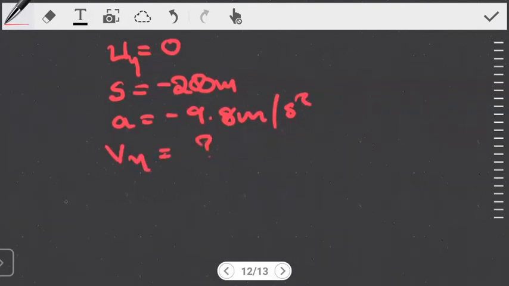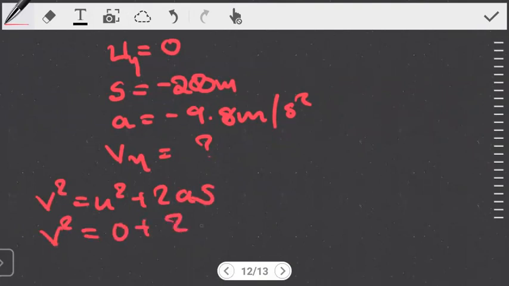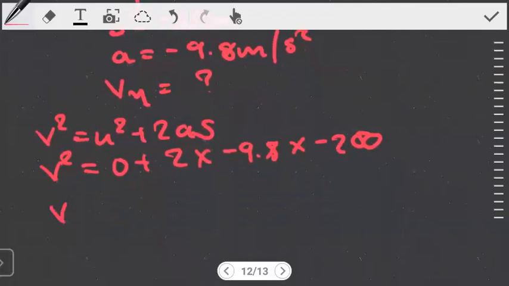How does it work? Well, v squared is equal to u squared plus 2as. Here, since we were looking for v, we can keep it as the subject of the formula. The initial velocity, we're coming from rest, so that's 0, plus 2 multiplying negative 9.8, multiplying the displacement, again negative 200. So if we work this out, v squared is equal to, then we multiply this here.